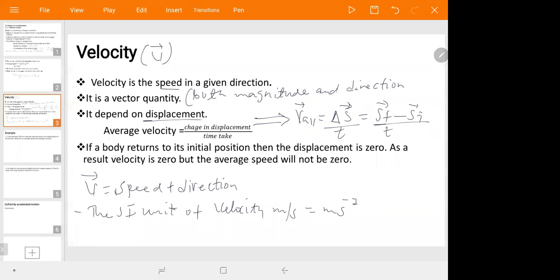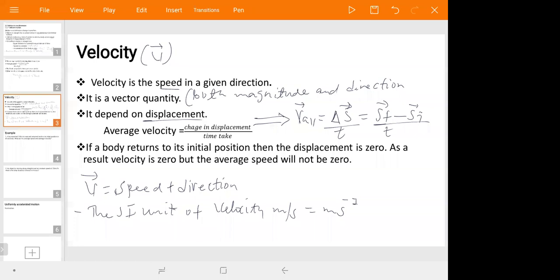For example, displacement can be given in different directions, such as 20 meters to the north and then 30 meters to the south. If such displacement is given, change in displacement is the difference between them, 30 minus 20, which gives 10 meters to the south, okay? Therefore, you must know this one.